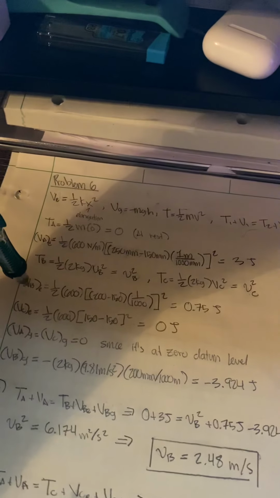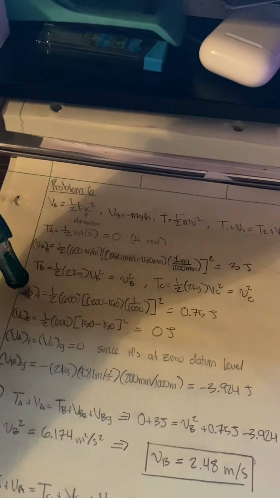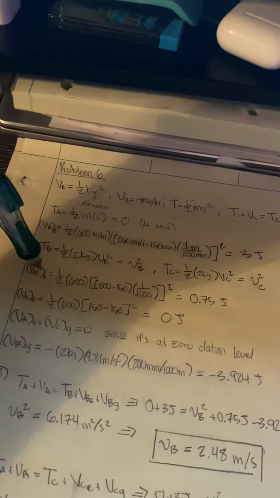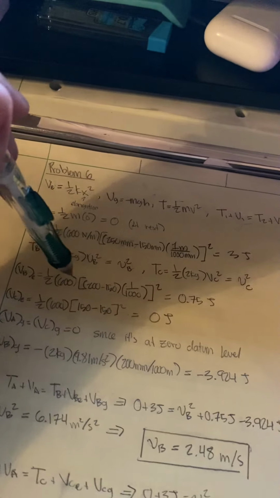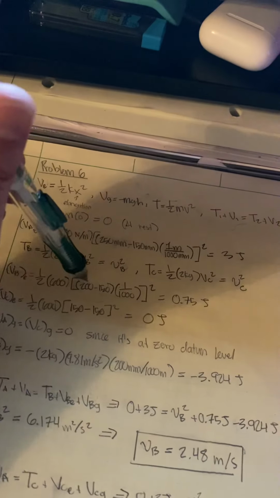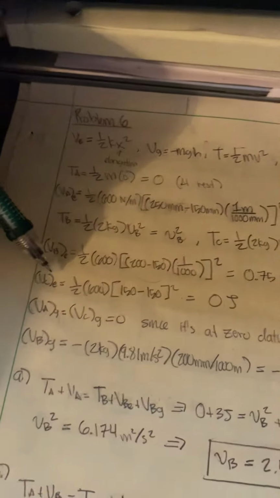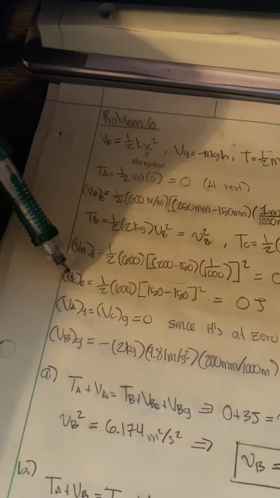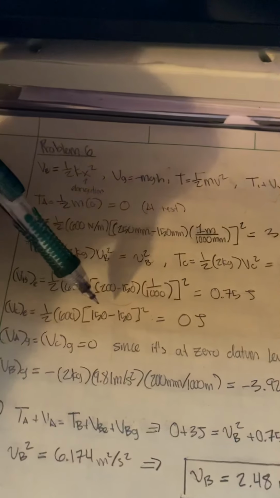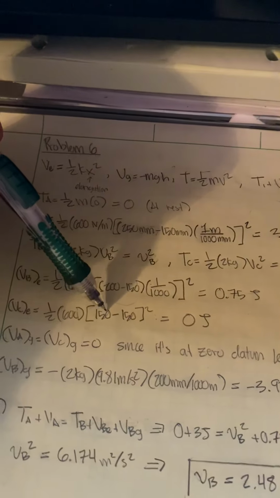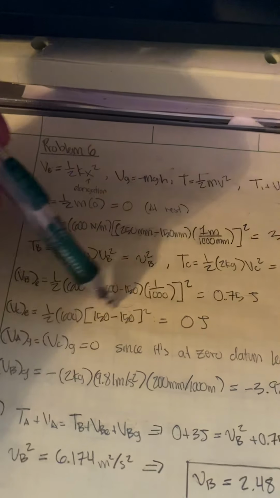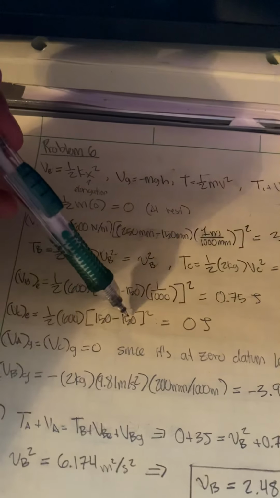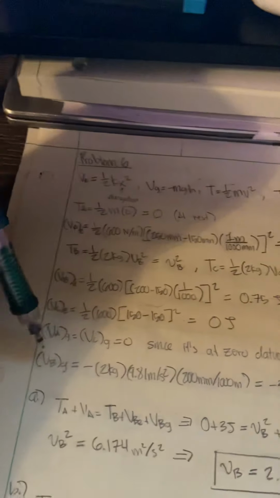And then for the potential energy of the spring at point B, same thing, just different elongations because it's at a different distance. We get 0.75 joules. The same for point C, the potential energy of the spring. Here 150 minus 150 cancels out, so it will be 0 joules.